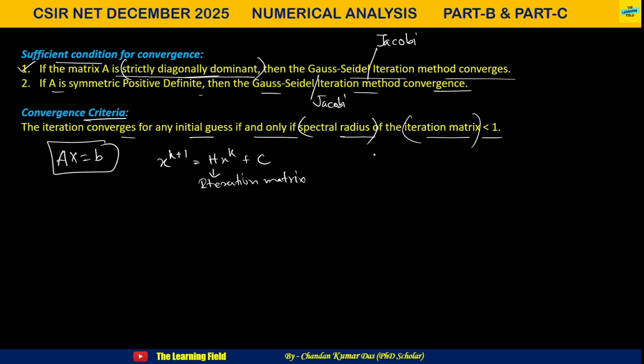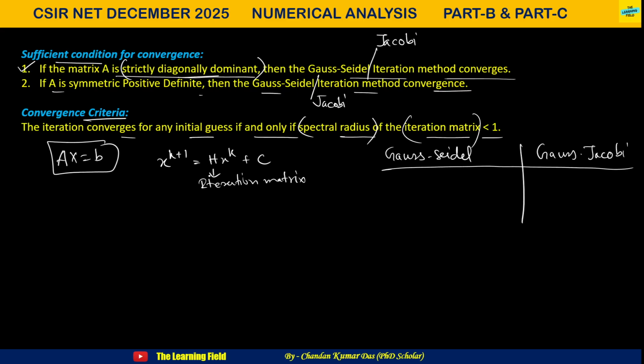Now for the Gauss-Seidel method and the Gauss-Jacobi, or only Jacobi, method, what is the process to find this iteration matrix?